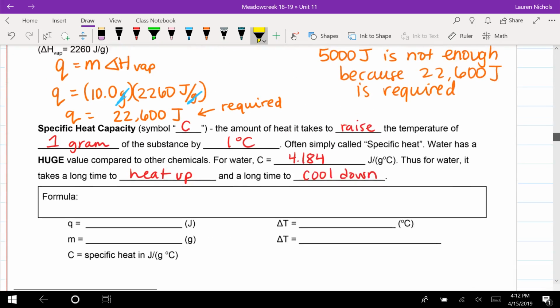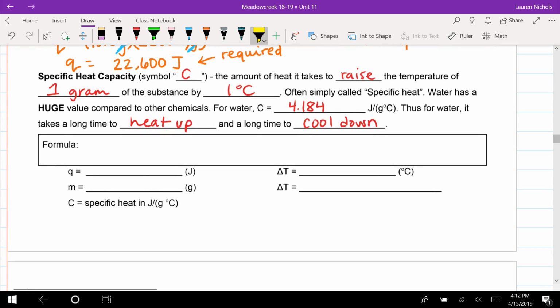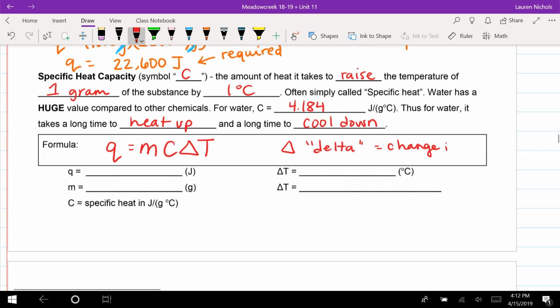And so if we look at how we can calculate specific heat, or what we use it for, we use specific heat to calculate the amount of heat required to change that whole object, depending on how much of it we have. And that formula is Q equals mc delta T. The triangle is the Greek letter delta, and that means change in.